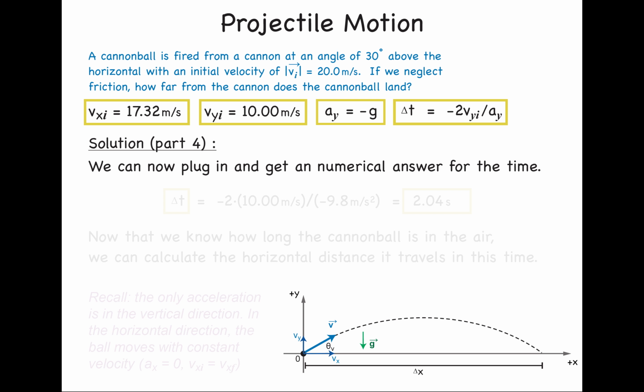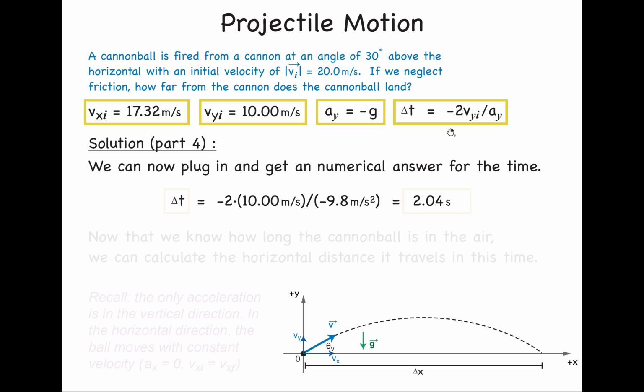So now we can plug in numbers. Plug in the numbers, and we get the delta t. Right, so here's our equation that we just derived. Delta t is equal to 2 times 10 meters per second, because that was the initial y velocity, right? Total was 20, but we worked out early on that the y component of the initial velocity was 10 meters per second.